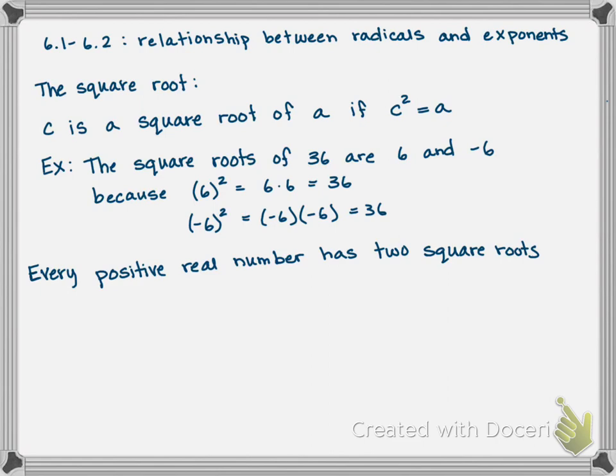So we define a symbol to represent the positive square root to get around this problem of having two outputs for one input. So we say that we have two square roots for every positive real number. One of them is called the principal square root, which is just another way of saying the positive square root.